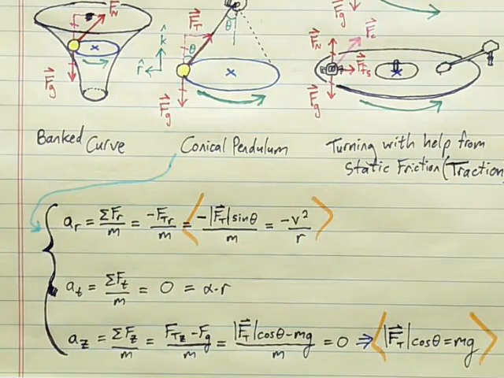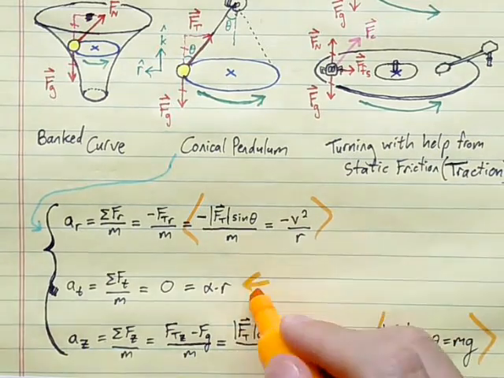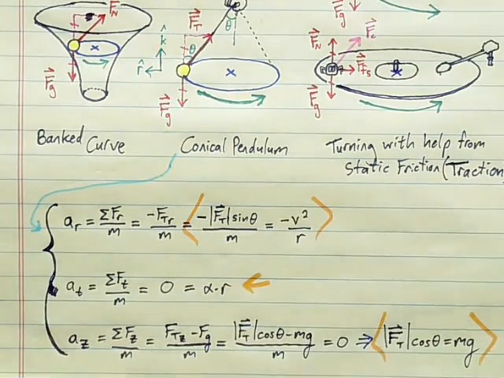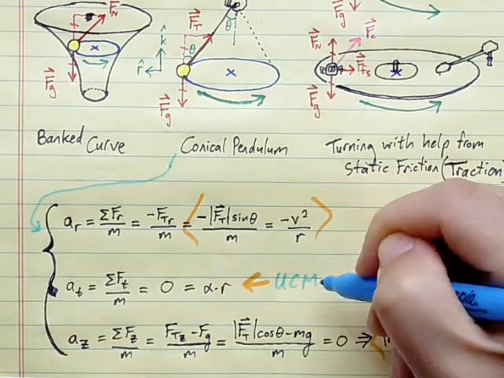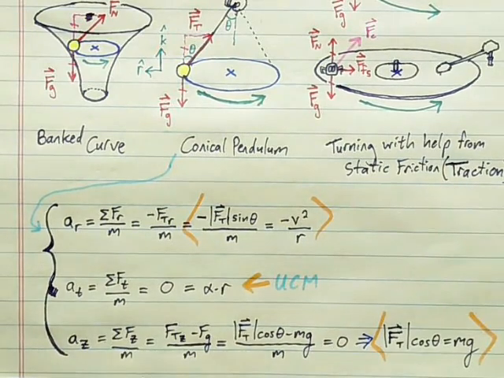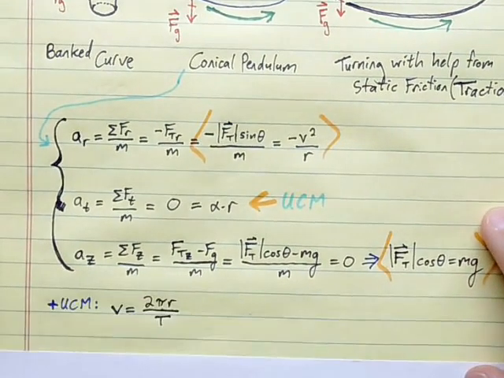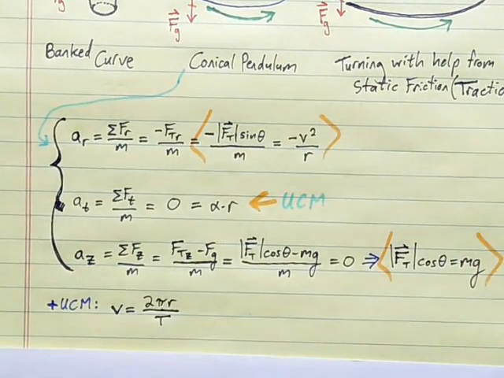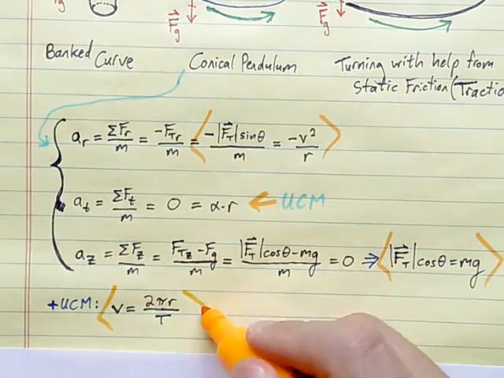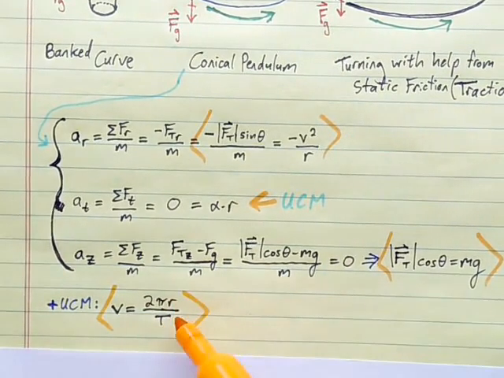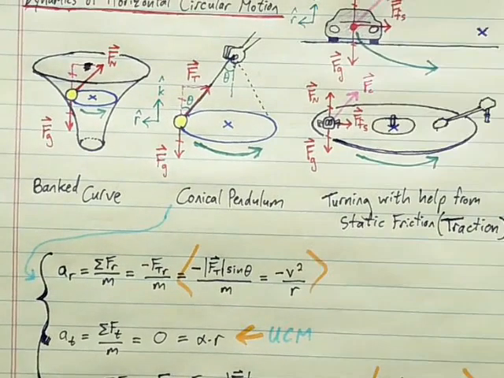And since we've noted that this is indicating that we are in uniform circular motion, our speed is not increasing or decreasing here, we might also state this additional uniform circular motion condition, that our speed, v, could be related to the circumference of that circle divided by the period T, the time it takes to complete one revolution.